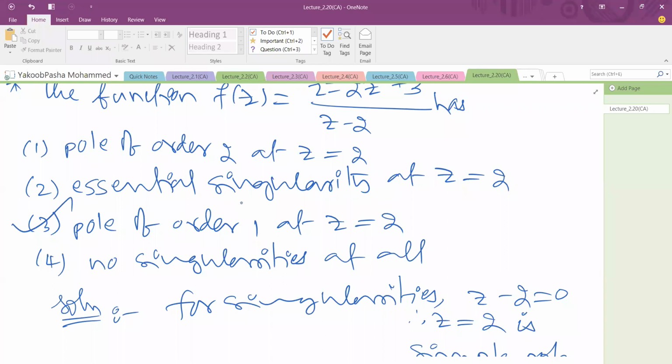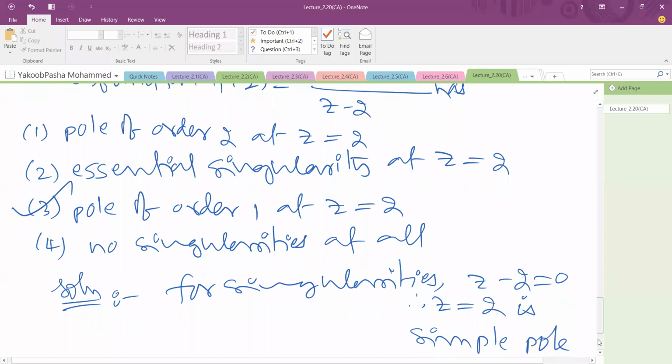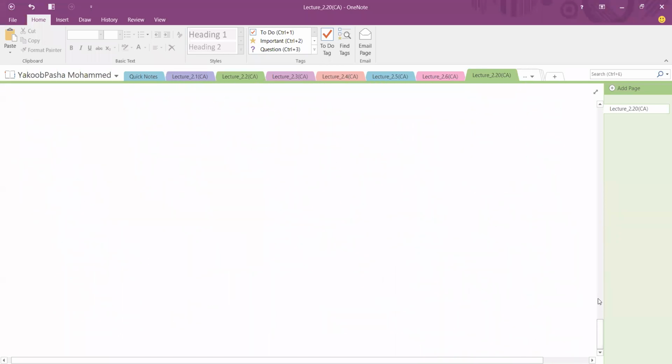Let us see the next problem. Let C be the circle modulus of z is equal to 3.